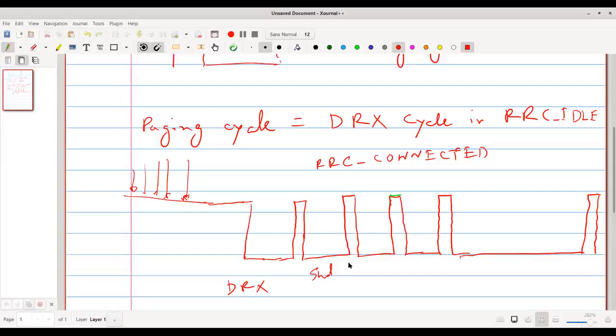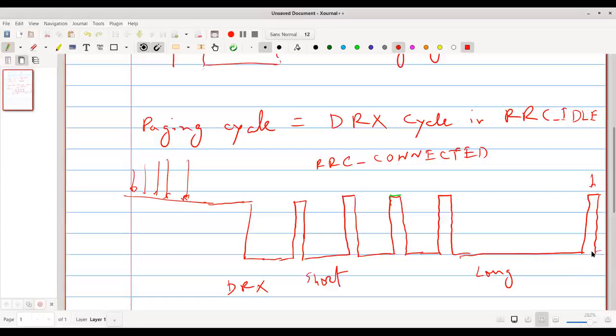How many short DRX cycles you may use before you trigger the long DRX cycle is set by the network, and it can vary between 1 and 16. So these are called short DRX cycles, and this is called the long DRX cycle. If after waking up in this on period you again don't find any packet, you continue the long DRX cycles and go to sleep mode.